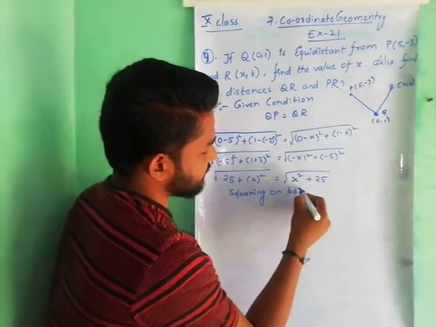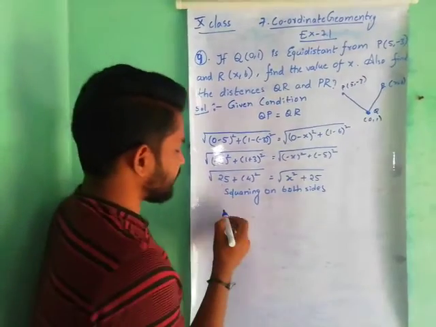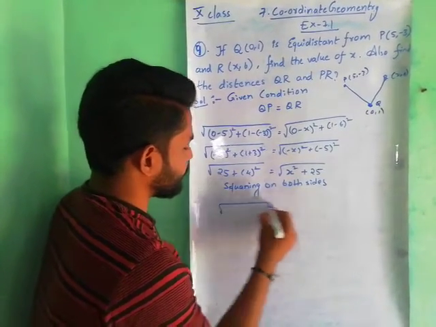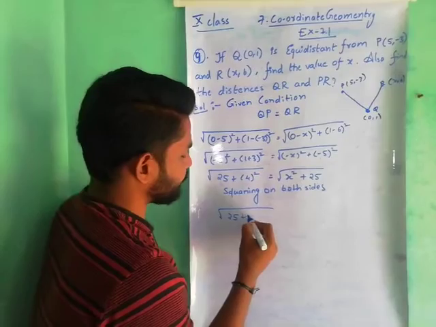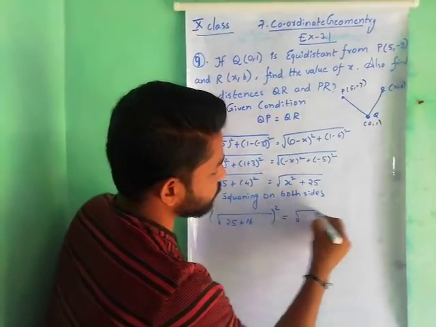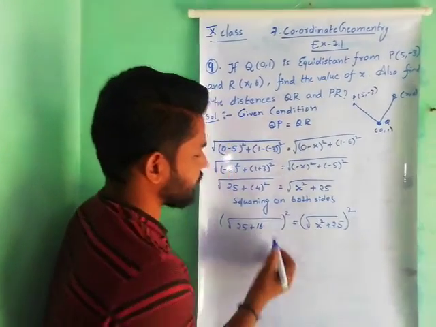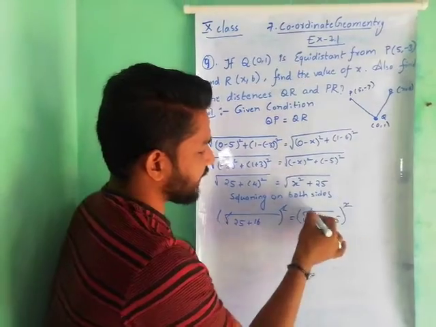Squaring on both sides, the roots get cancelled. If we add one more step, no problem: 4 square is 16, whole square equals root of x square plus 25 whole square. Square and root get cancelled.